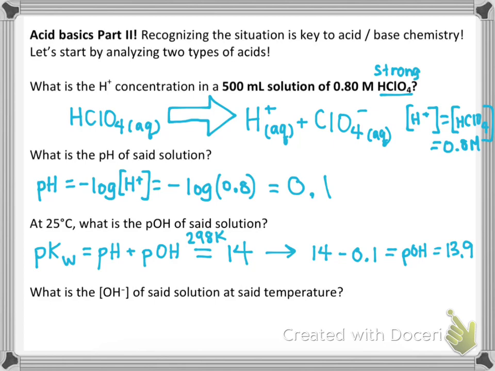So from that, they want us to figure out what the hydroxide concentration of the solution is. And so we kind of have to undo that P. We have to undo the negative log. And so if we think about pOH being equal to the negative log of hydroxide concentration, we can rearrange this to solve for hydroxide concentration.